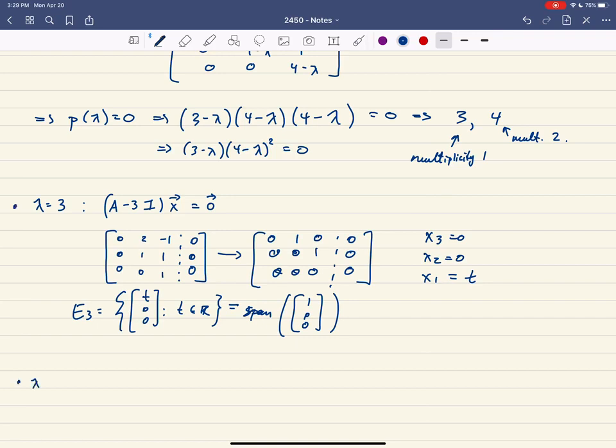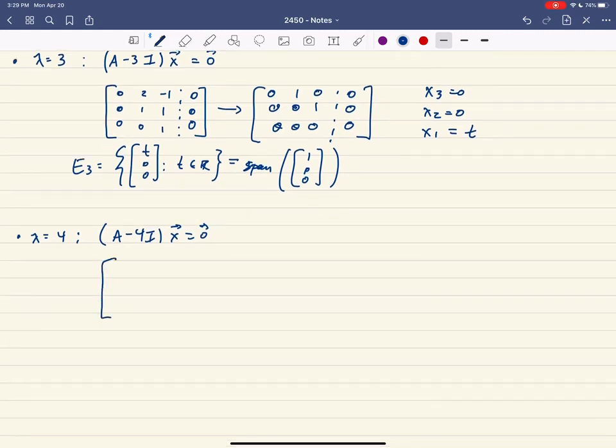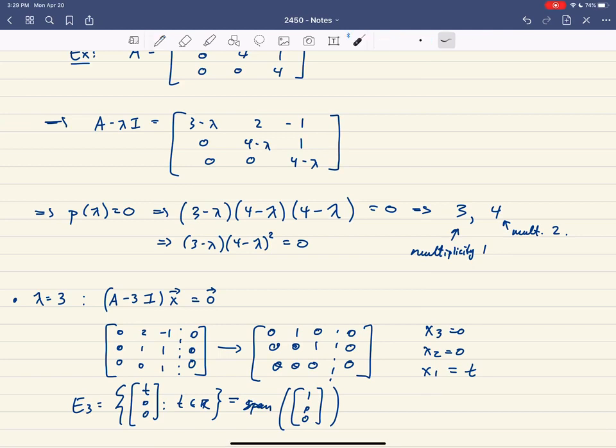If lambda is equal to 4, then we're going to do the same thing. A minus 4I times x equals 0 is going to lead us to solve the augmented equation A minus 4I augmented with 0. A minus 4I is just going to be negative 1, 2, negative 1, 0, 0, 1, 0, 0, 0. I'm just taking A minus lambda I and plugging in lambda equals 4.